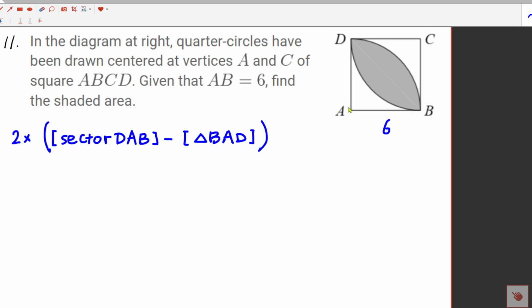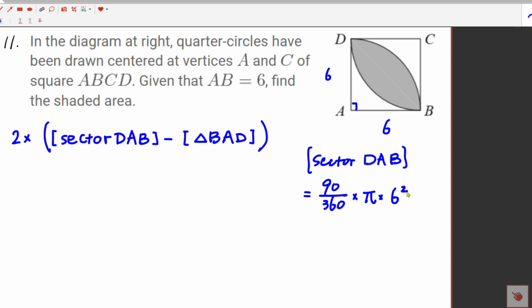And we know that angle A is 90 degrees. AB equals AD equals 6. We find that the area of sector DAB is 90 degrees over 360 times pi r squared, right? And this gives us 9 pi.